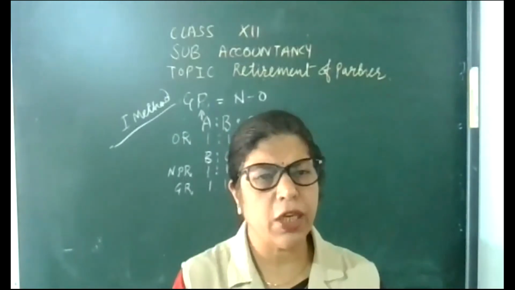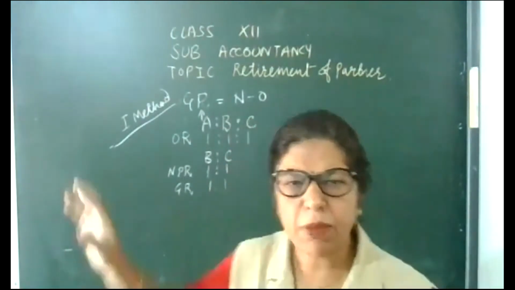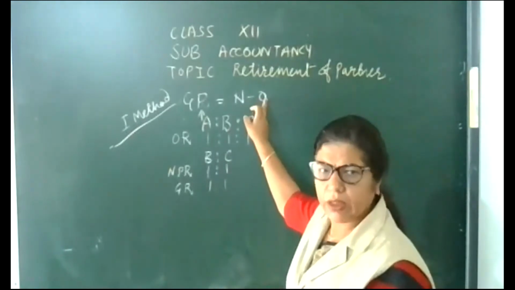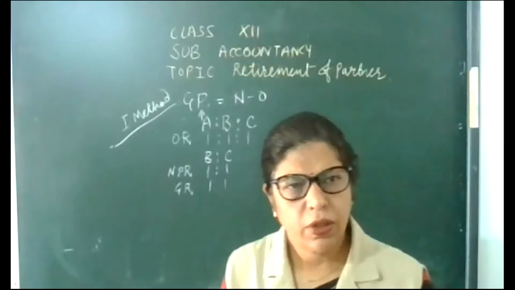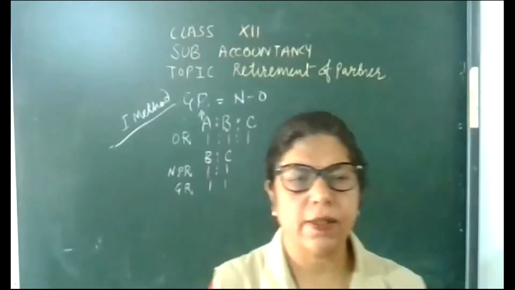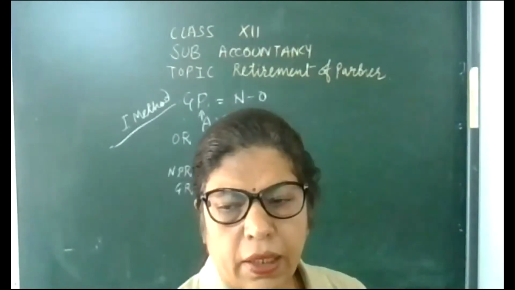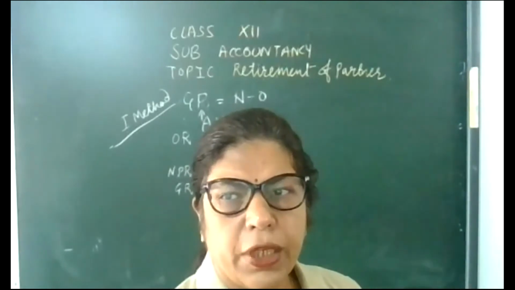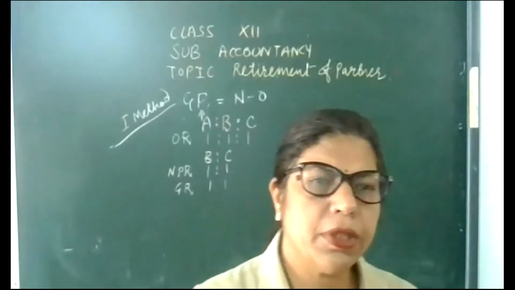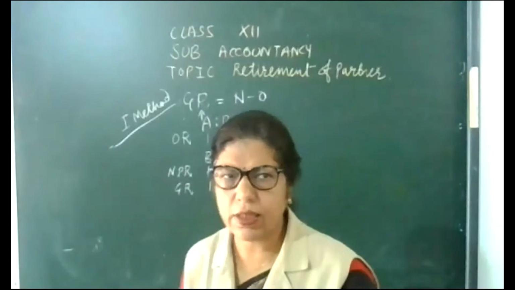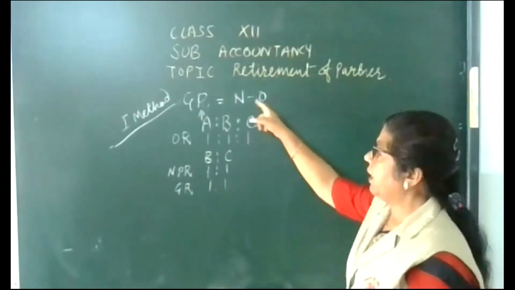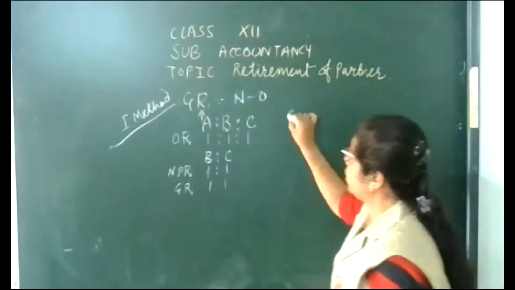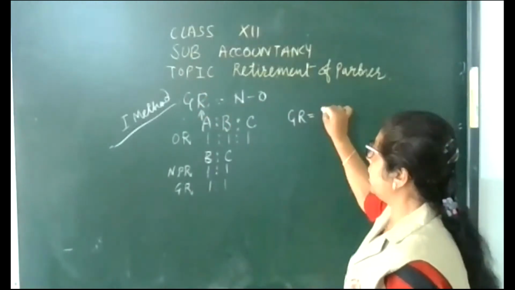Even if you want to calculate, it's very easy by this formula. Now I will show you why in this case the new ratio and gaining ratio are equal. Come to the derivation. Gaining ratio is equal to new minus old.